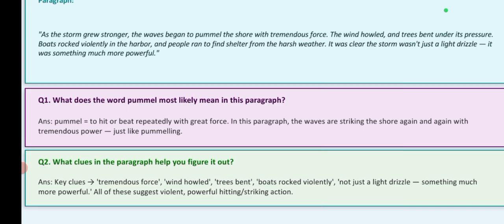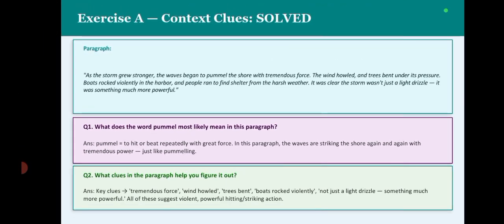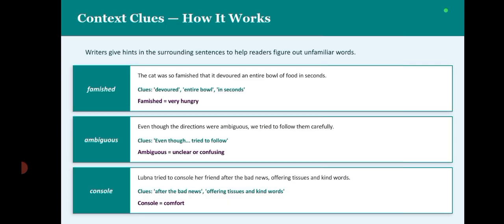Though you can cram, it is still very important to derive the meaning of unfamiliar words by yourself. Wind howl, trees bent, boats rocked violently, not just a little, not just a light drizzle, something much more powerful. All of these suggest violent, powerful, hitting, striking action. These are the keys, the hints. So this is our one part.